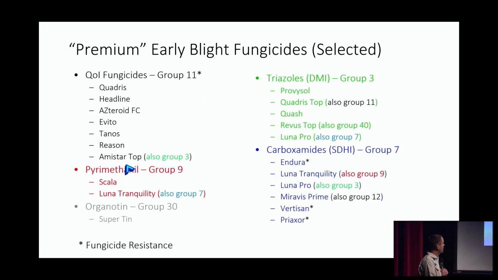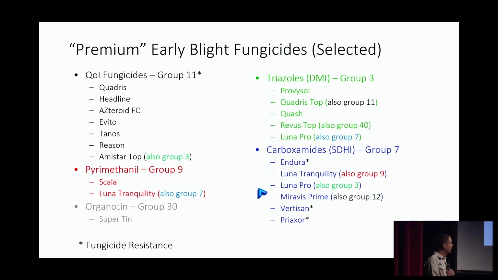We have some mixes where it also has group 3 mixed in, in the case of Amosar top. So our most effective premium fungicides are really in group 3 and group 7, although there is resistance to Endura. And we believe there may even be some cross resistance to some of these others. So you need to be mindful: what group are you using, and what's also in the group.